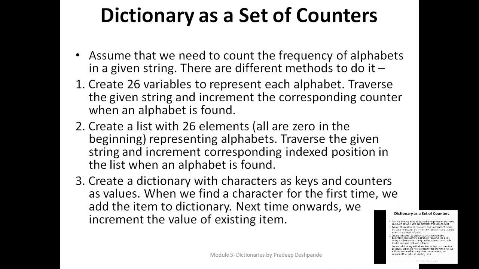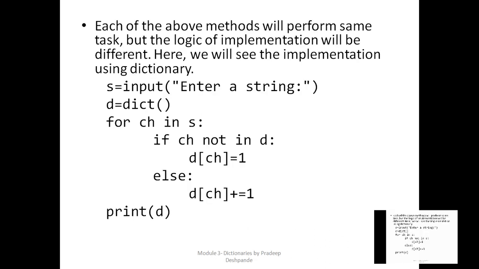If the same character is found again, it is not added to the dictionary since it will already be available in the dictionary. We just increment its count. That is how we use the dictionary to count the occurrence of characters in a particular string. So out of the three methods, the third method is the easiest. This is an example for that.